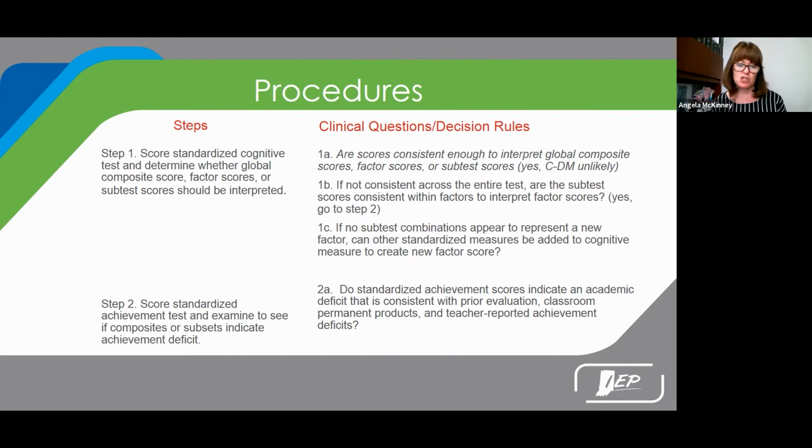Reading is the area of concern. We test, reading comes out in the average range, and we find a big deficit in math because we just happen to test in math too. And we think, okay, but there was no concern about math. It didn't make any sense. It's not consistent with what was being reported in the classroom performance.